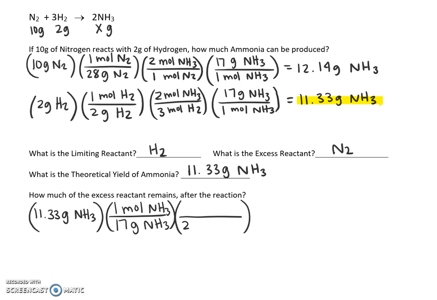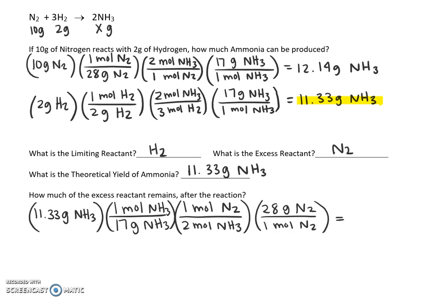Using my equation, for every 2 moles of NH3 produced, it takes 1 mole of N2. And every 1 mole of N2 has a mass of 28 grams.